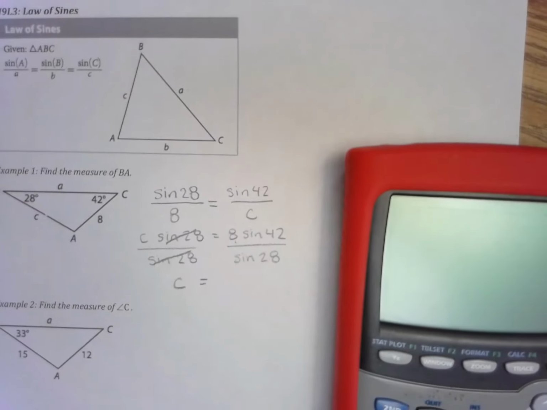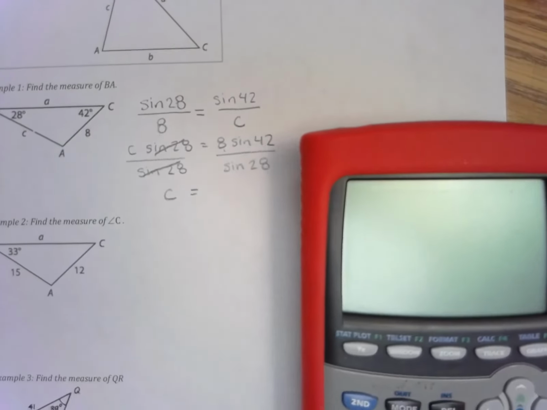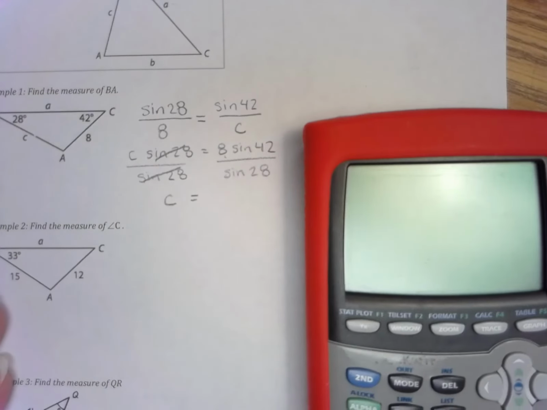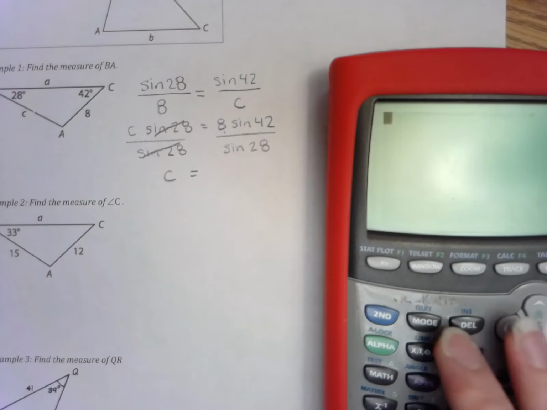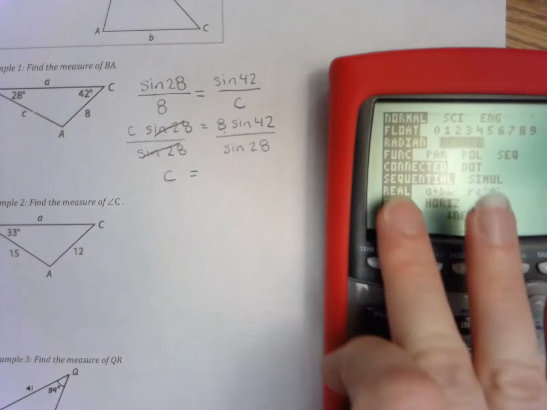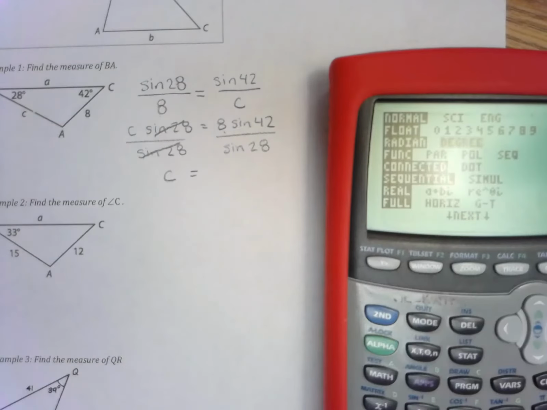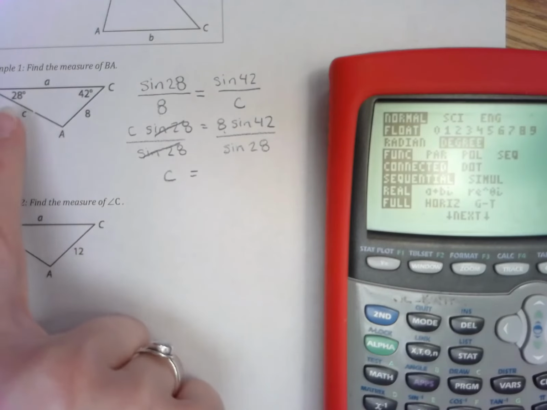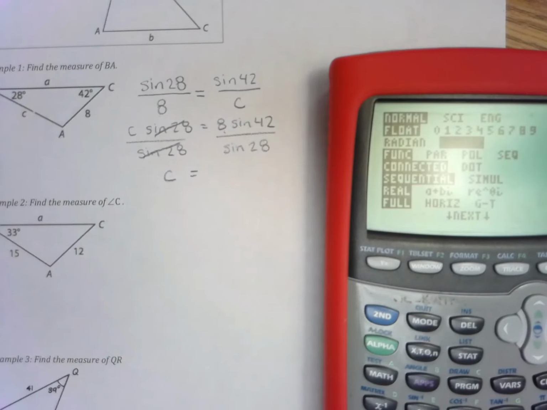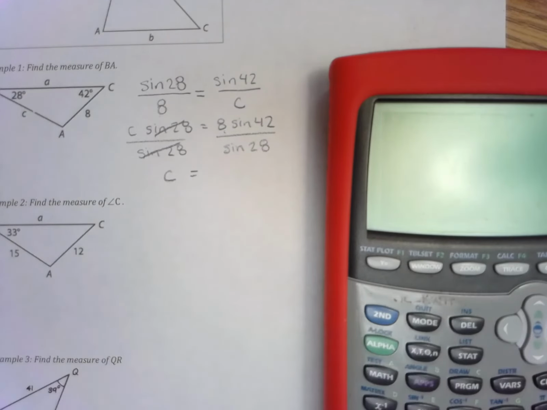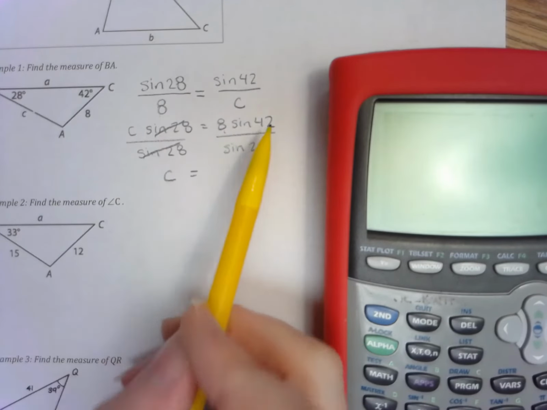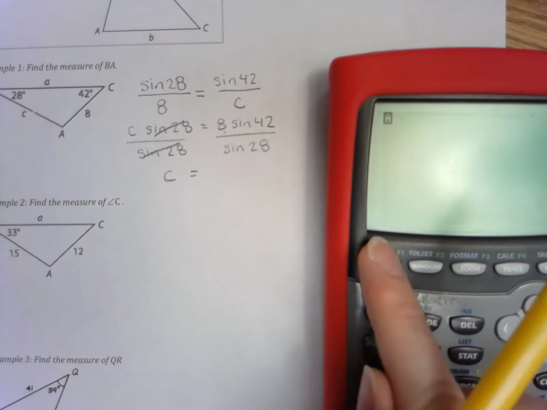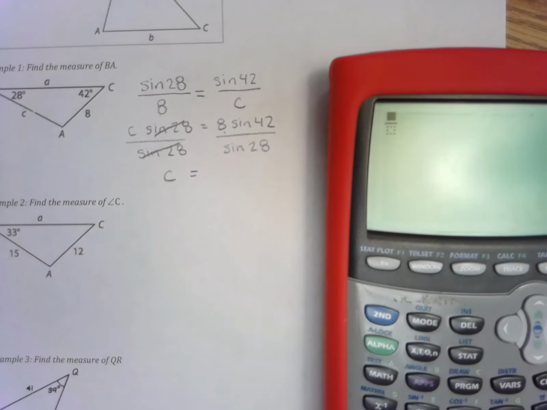Of course, before using the calculator, always make sure that you're in the correct mode. So go to the mode key, arrow down until you're on the radians and degrees, and make sure you change it to degrees. All of our angles are in degree measures, so that's the mode that our calculator needs to be in. So we'll type in exactly what we say c equals, which is 8 sine of 42. It may be best to do alpha y equals to get your fraction.